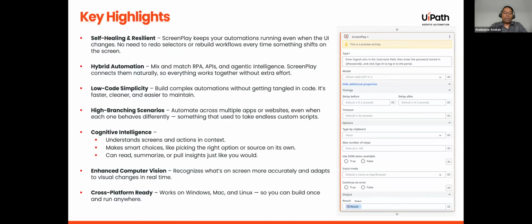And as there is cognitive intelligence in play, it's easy to understand the elements on the screen and take actions appropriately without having to hard code logics, and you don't have to overthink and do a lot of requirements gathering and edge case scenarios. Those things can be avoided in future if you go with this approach.